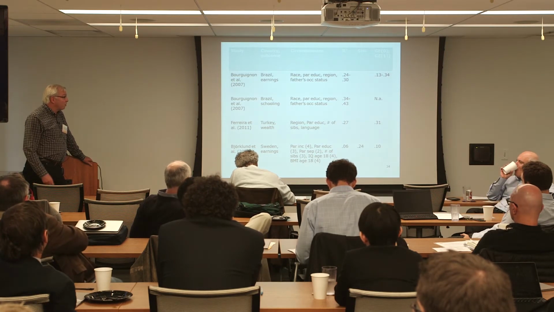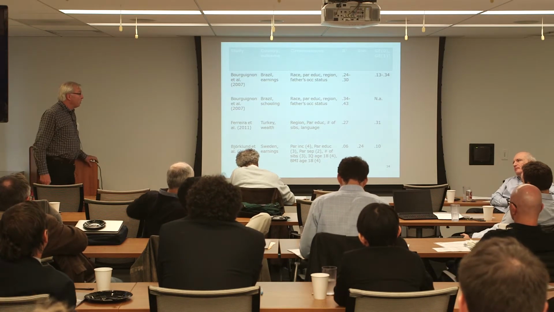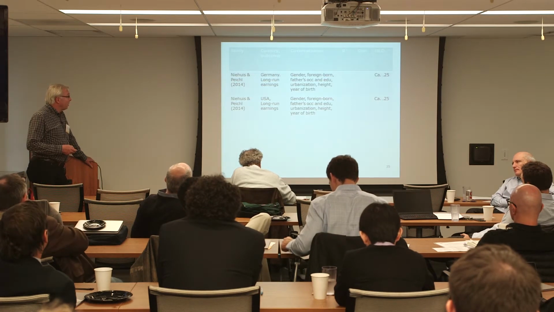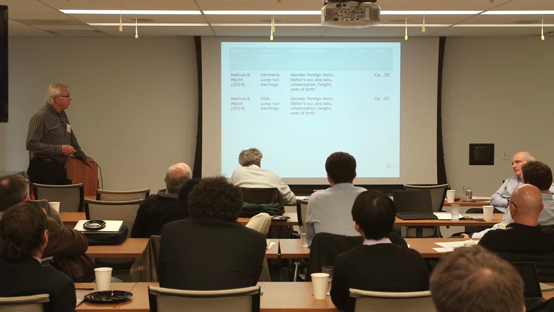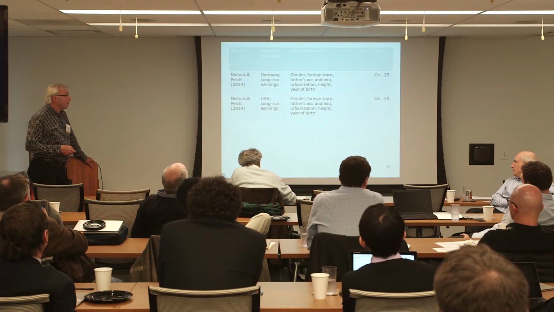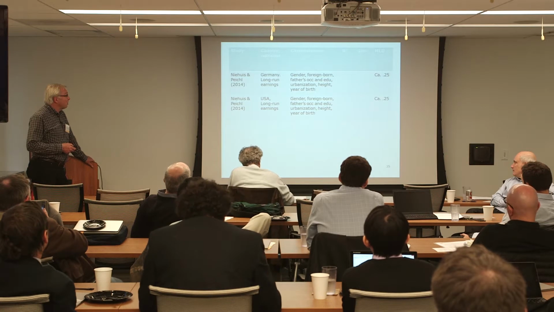And for the other measures of inequality, the numbers are lower, but it shows that it's important what measure of inequality you use. Here is also a US-Germany comparison, and they get about 25%. About 25% of inequality can be attributed to these circumstances.